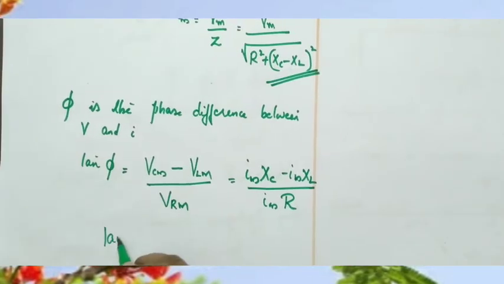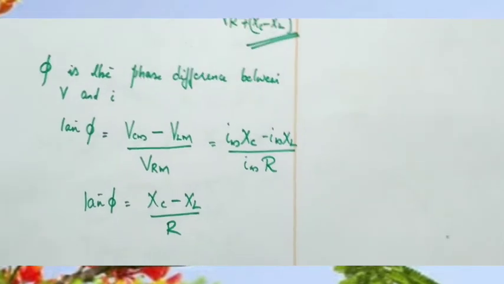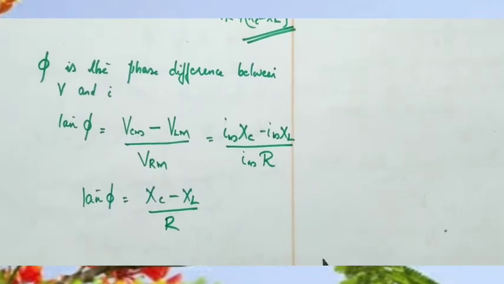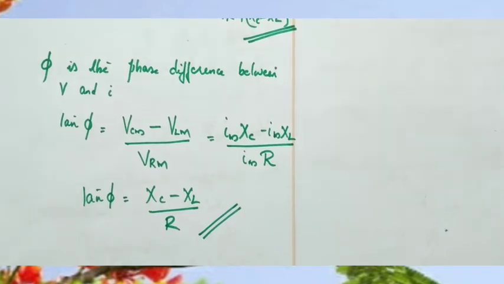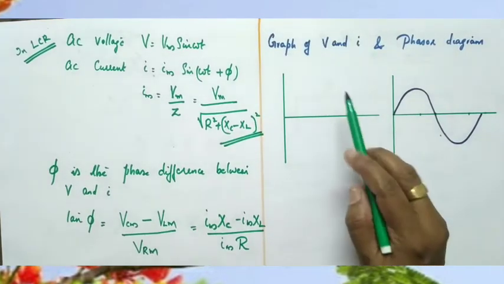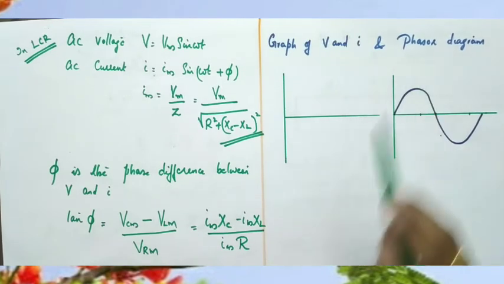We can write tan phi equals (Xc minus Xl) divided by R. So the phase difference between voltage and current is given by tan phi equals (Xc minus Xl) divided by R. Now we can draw the graph of voltage and current and the phasor diagram.